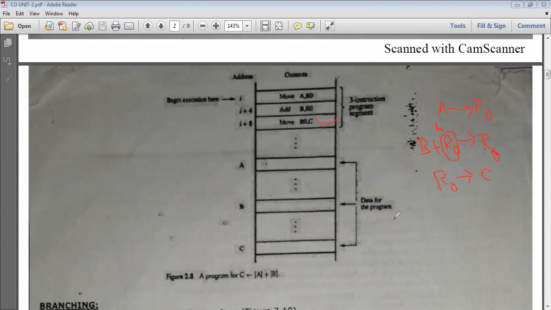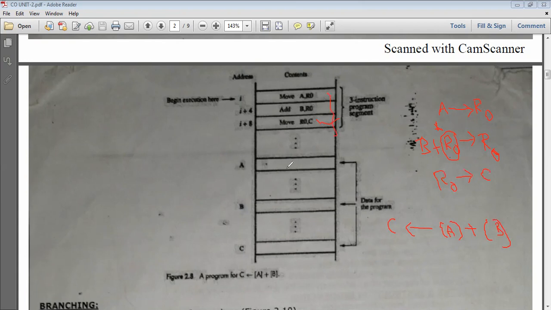That means totally what happened here? For storing the result, we are using C. The contents in A plus the contents in B. So for getting this operation, we are taking these 3 instructions.